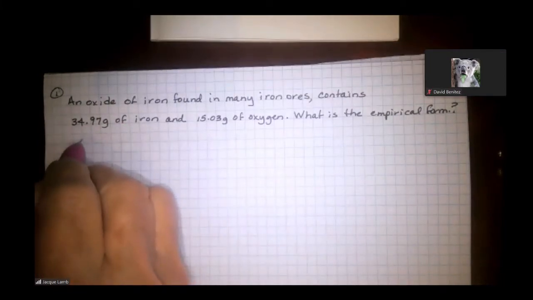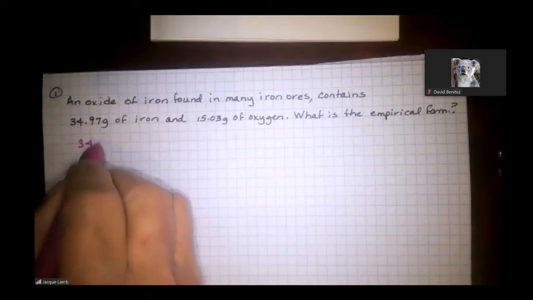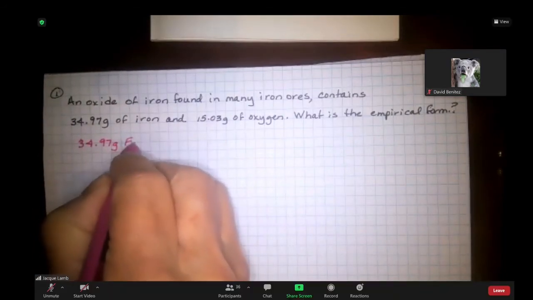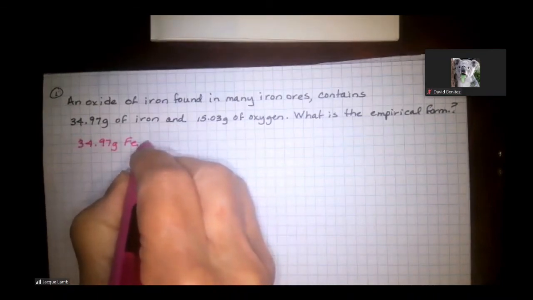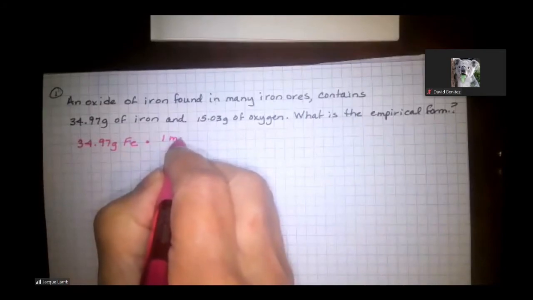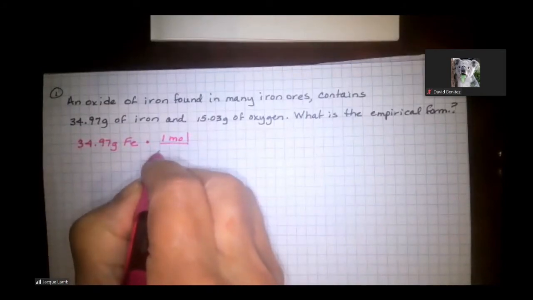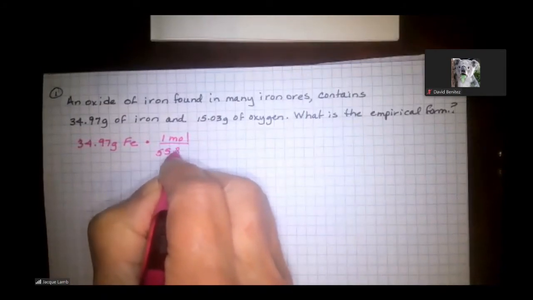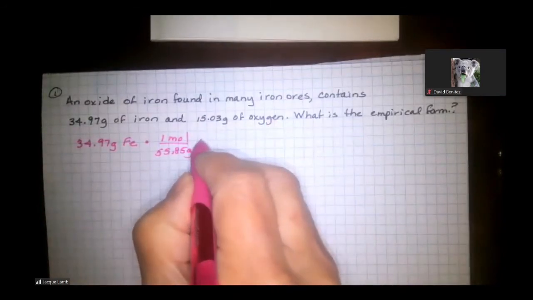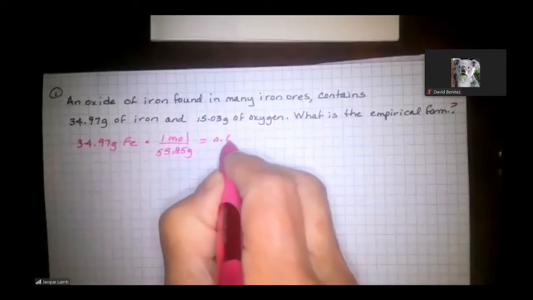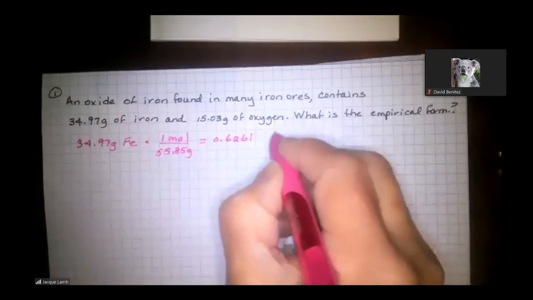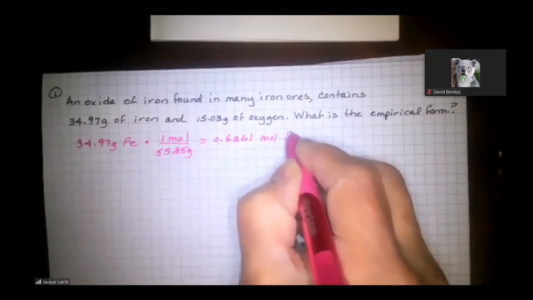So I'm going to take 34.97 grams of iron and multiply it by the factor 1 mole is 55.85 grams. That's the molar mass of iron. And that equals 0.6261 moles of Fe.